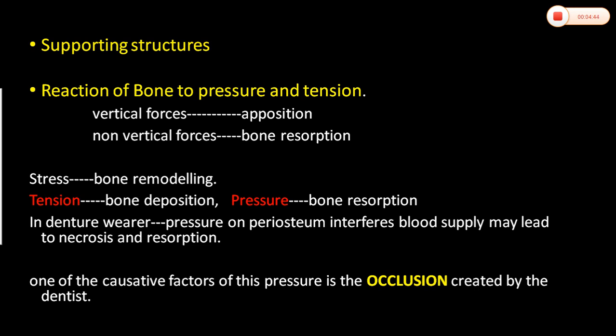So the supporting structure for the complete denture patient consists of hard and soft tissue. Both these tissues undergo constant change. As the age of the patient increases, the soft and hard tissue undergo change. These changes are due to pressure from external force, or due to nutrition or blood supply from the internal source.